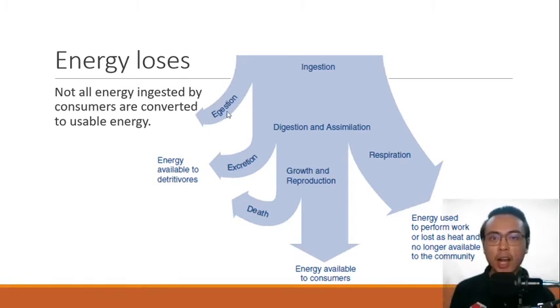Egestion is the practice of excreting undigested materials. Excretion is the process of releasing digested materials. You also have respiration, which uses up your stored energy. And you also have death of the organisms. So if you subtract all of these factors from the total amount of energy that was ingested, then your net is your energy available to consumers.